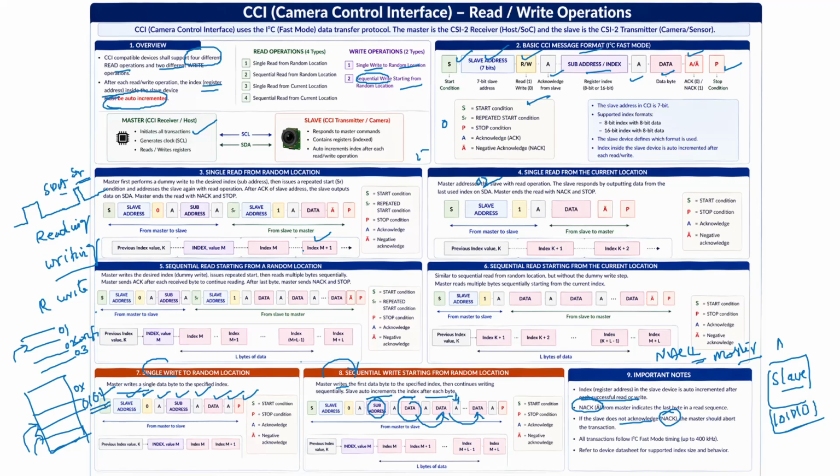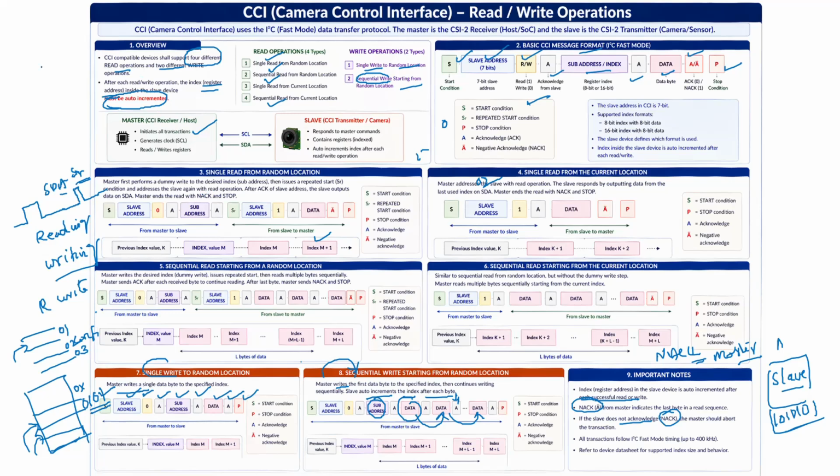And then read operations, what are the read operations there? Single read from random location, sequential read from random location, single read from current location, sequential read from current location. See, single read means you need to send the dummy address. The master performs some dummy write operation, whatever the desired index you have.